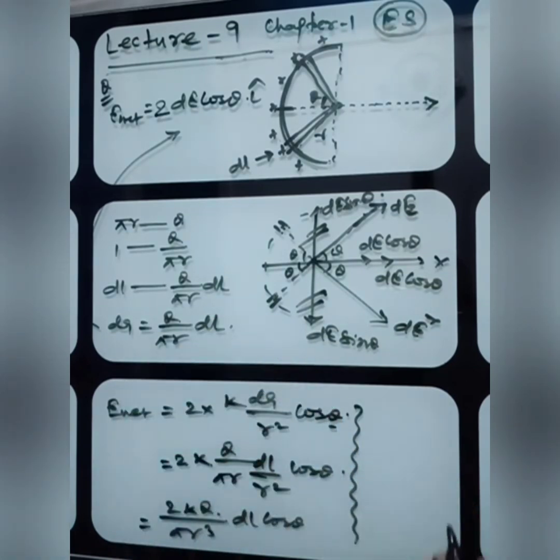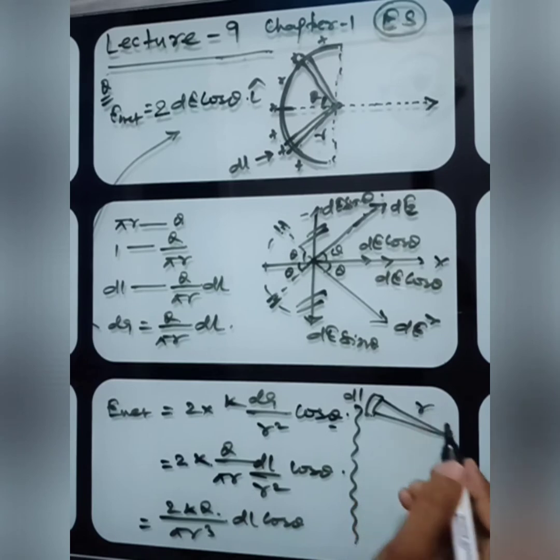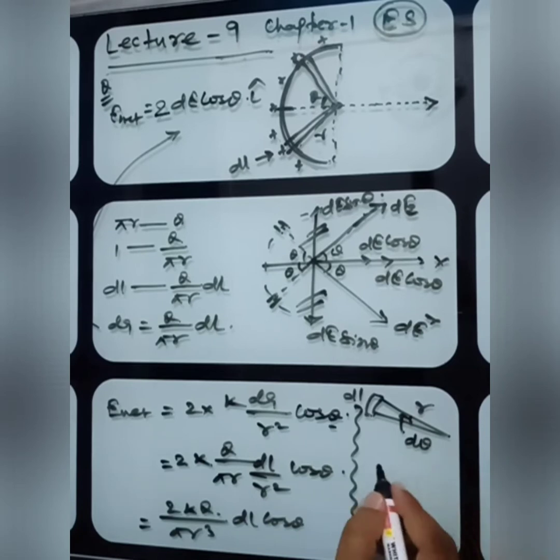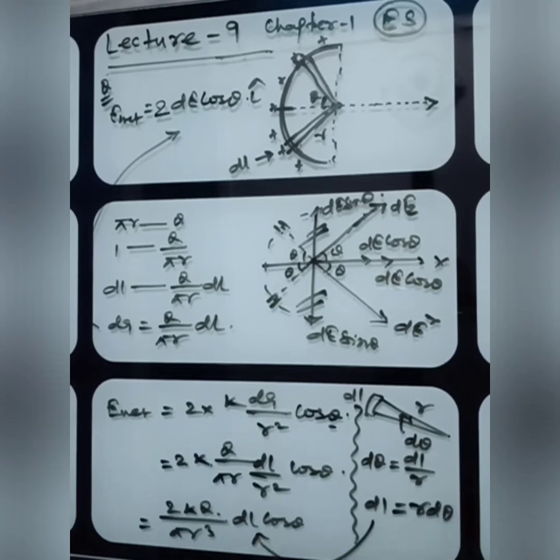Here you are having the elemental section dl at distance r, and this is the elemental angle d theta. So you can write theta is equal to dl by r, or dl is equal to r d theta. Now you will put this value of dl over here, and one variable will be gone. It will come in r and theta. Already we are having here the one variable theta, and this r is constant.